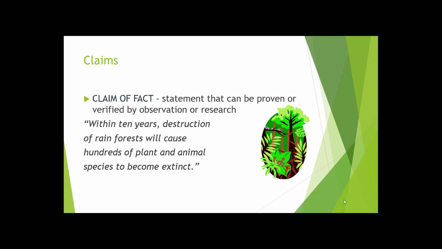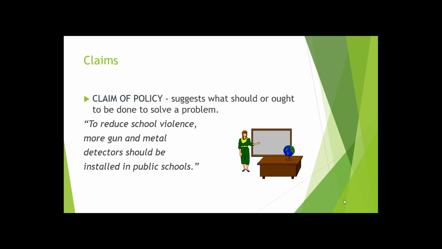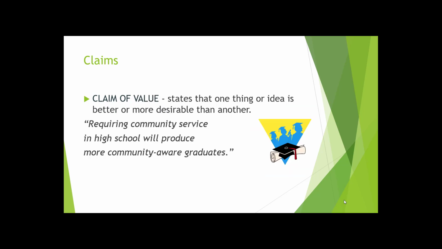The impact of that, the importance of that, can be argued with, right? But as it's stated, this is a simple claim of fact. At the college level, you're more likely going to write either a claim of value or a claim of policy.